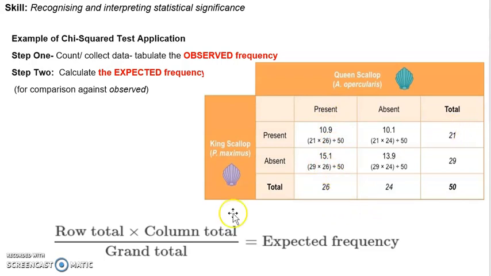So what we're going to do is take the row total, which is 21, multiply that by the column total, use the column here, and divide that by the grand total, which is here. So our actual number is 10.9. That's coming from the average of our sample data, and then we calculate the expected using this value multiplied by this value divided by this one. And you can see I've done exactly the same for each one of these cells here.